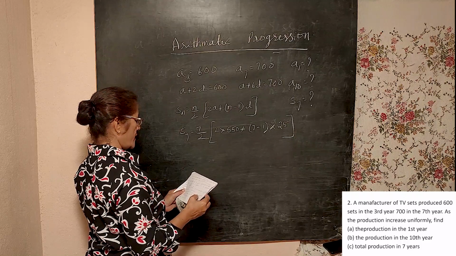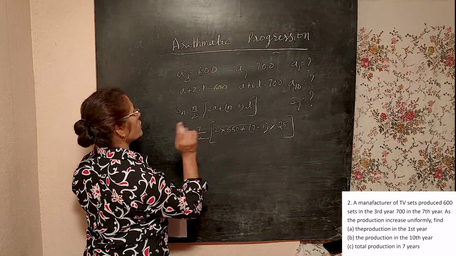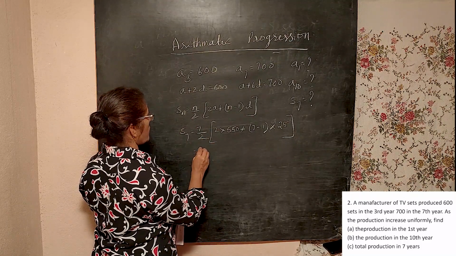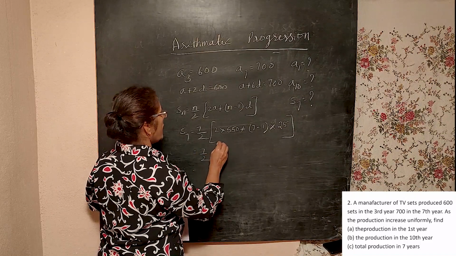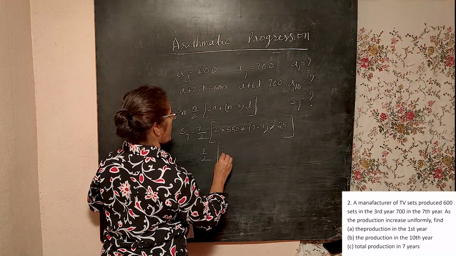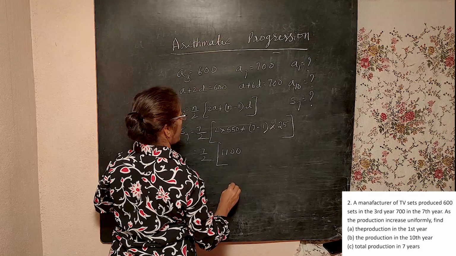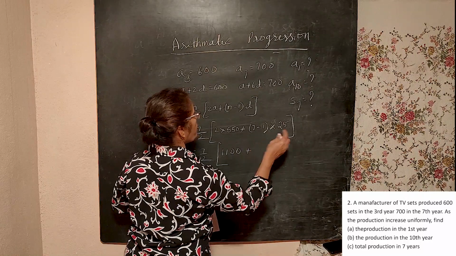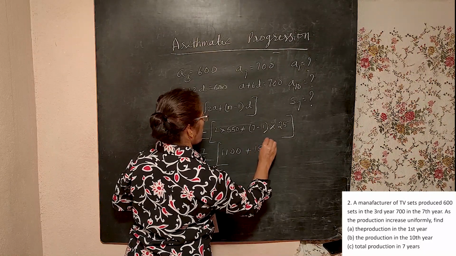So we got 550, isn't it? A is equal to 550. So it is 7 by 2 into 2 into 550 is 1100, plus 6 into 25 is 150.